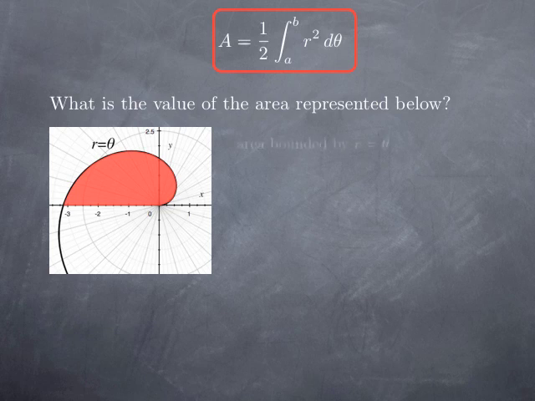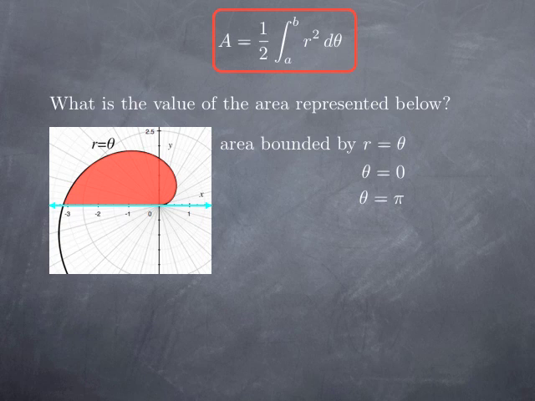So what does that mean? It's bounded on one end by the polar curve r equals theta. It's also bounded by the half ray theta equals 0, pointing in this direction. That's a blue half ray that now appears on the picture. And on the other side, we're going to bound it by theta equals pi, the second blue half ray. And that should give us our area.